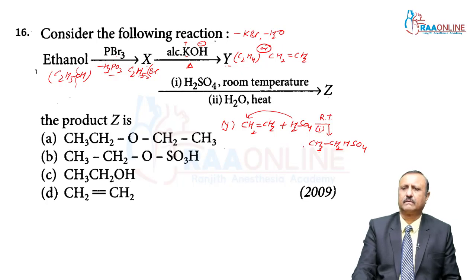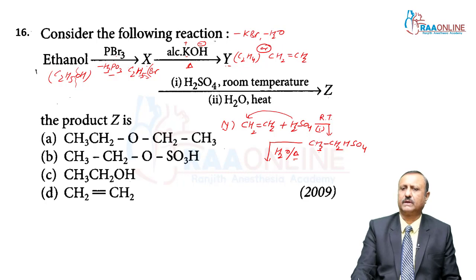Now we can do hydrolysis of this compound. When this compound reacts with water, this reaction occurs at high temperature, meaning a heating effect occurs. That is why you can see here temperature is not given.